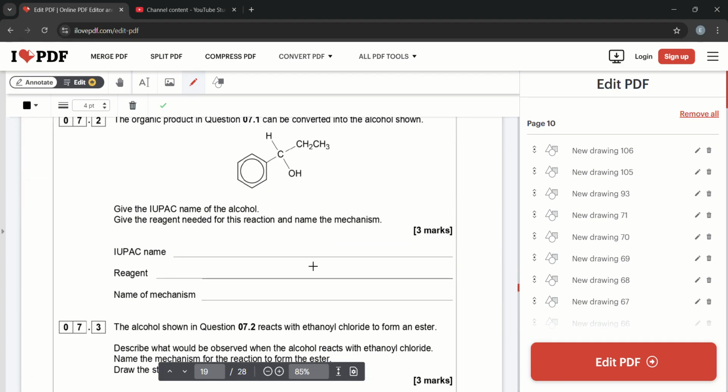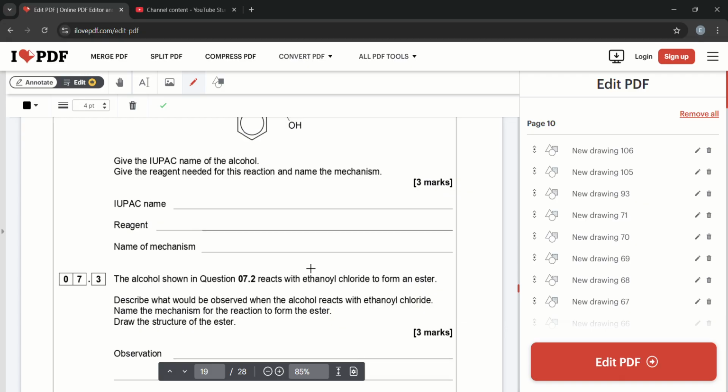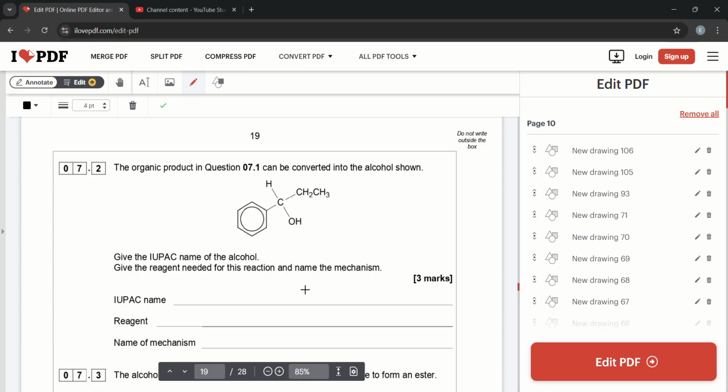And then 7.2, 7.3. 7.2 says, give the IUPAC name of this alcohol, give the reagent needed for this reaction, and name the mechanism. So the IUPAC name of the alcohol, well, you've got an alcohol on, what is this? Methane, ethane, propane.